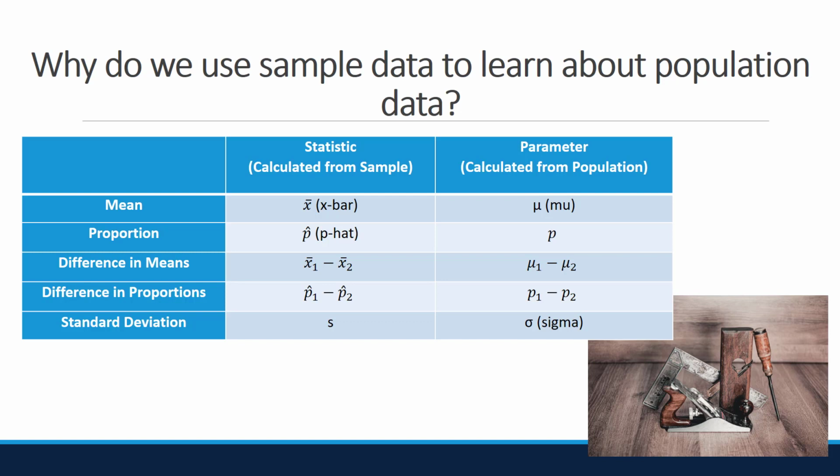For example, looking at the mean, a mean could be calculated from both sample data or from population data. When a mean is calculated from sample data, it is a statistic, and we denote this particular statistic with the symbol X bar. A mean could also be calculated from population data. When we calculate a mean from population data, it is a parameter, and we use the symbol mu to summarize it.